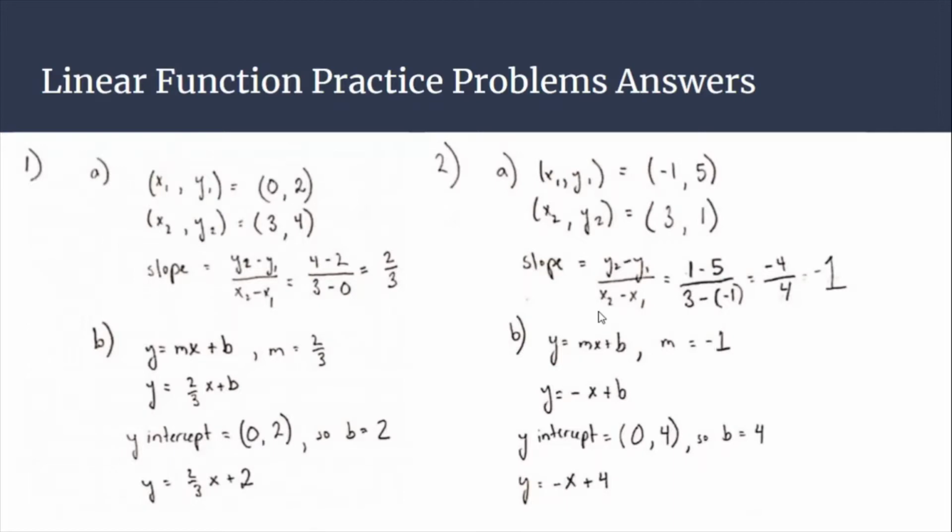The slope, as we said in the previous problem, is just the change in y over the change in x. In order to find this, we would do y2 minus y1 divided by x2 minus x1. When we solve for the slope, we get -4/4, which is -1. What this means is that for every 1 increase in x, the graph decreases 1 in the y direction.